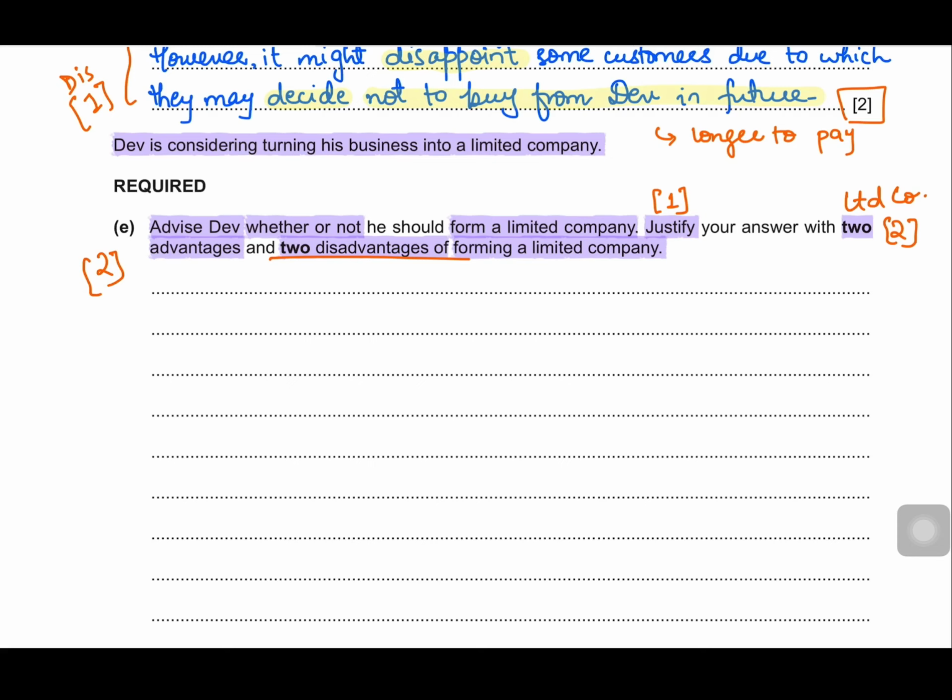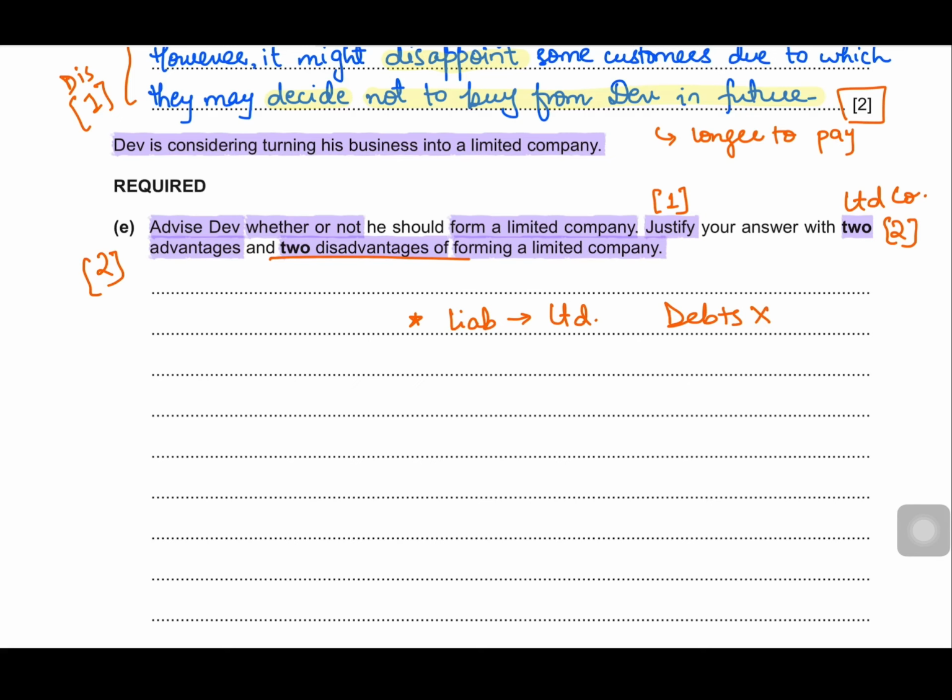So let's first discuss this part as well. We know that the most important benefit that a person receives if he converts his or her business into a limited company is that the liability becomes limited. He only loses the amount of his investment into the company and he is not liable for all the debts of the business.